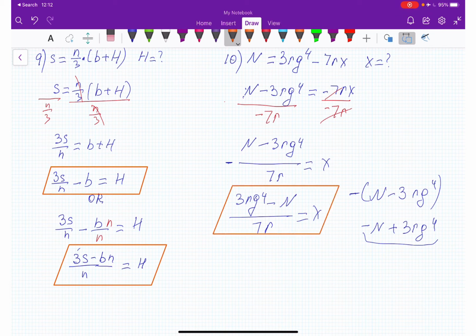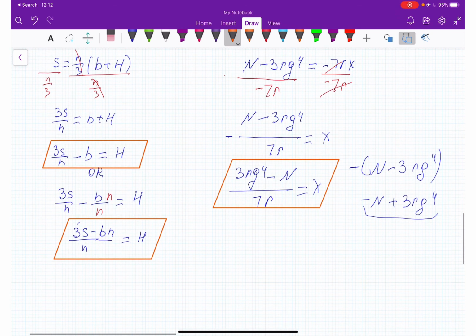Next format. I see I have r on the top and r at the bottom. If I want to get rid of r, what am I going to do? I'm going to separate these two terms in the numerator, which means I'm going to write 3rg to power 4 over 7r and minus n over 7r.